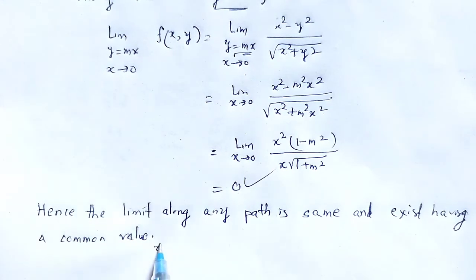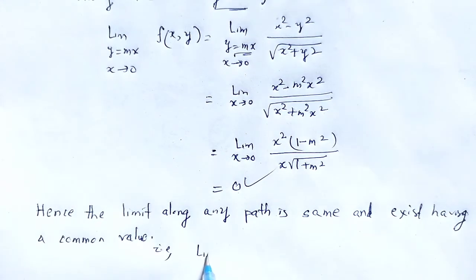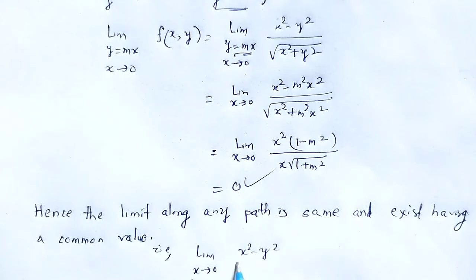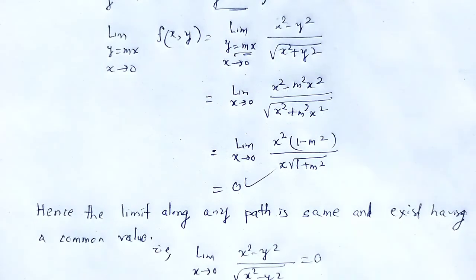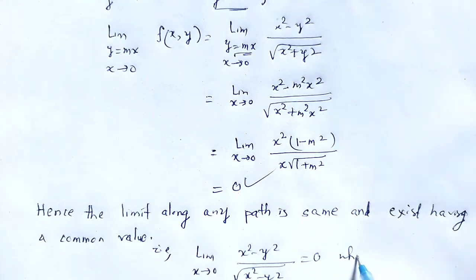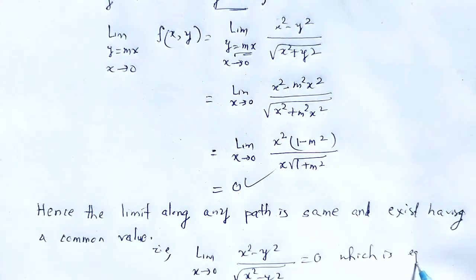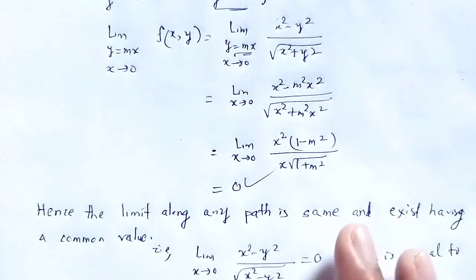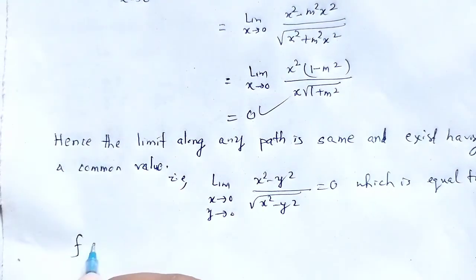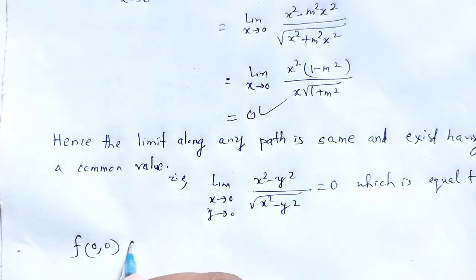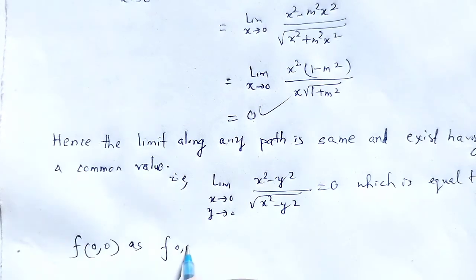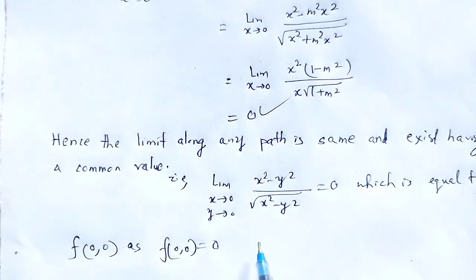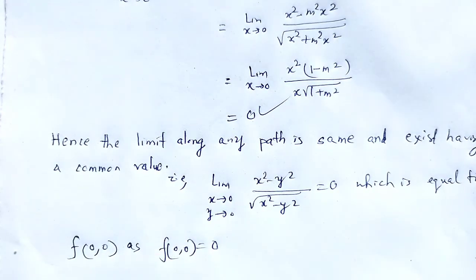That common value is limit x tends to 0, y tends to 0, x square minus y square divided by the square root of x square plus y square, which is equal to 0, which is equal to f of 0 0, as f of 0 0 is 0, that is at the origin.